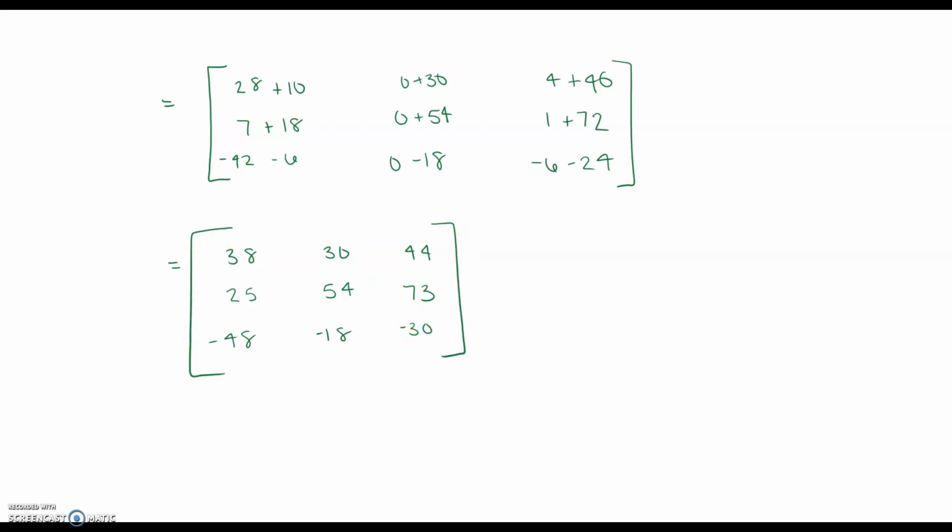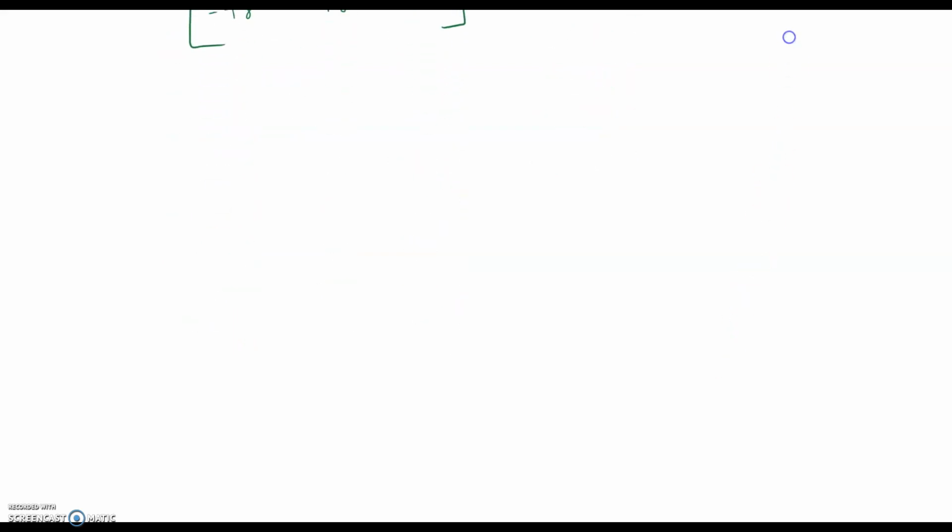So why don't you guys, using the same matrices, try to do B times A. Pause the video and try to do this on your own. Alright, so hopefully you started by setting up your matrices.